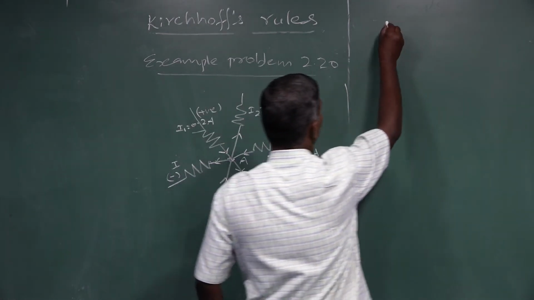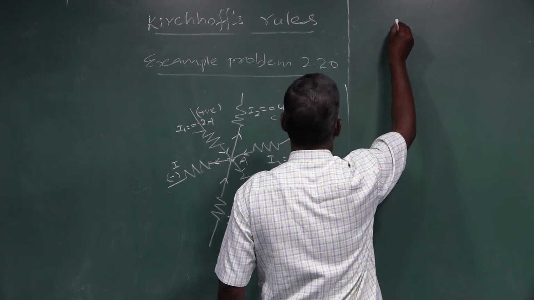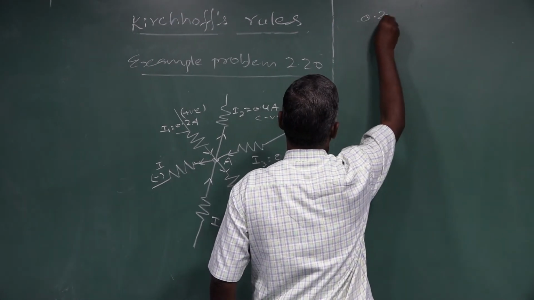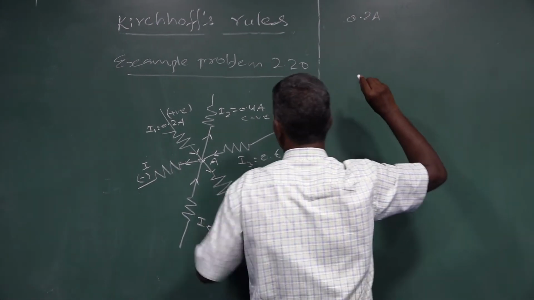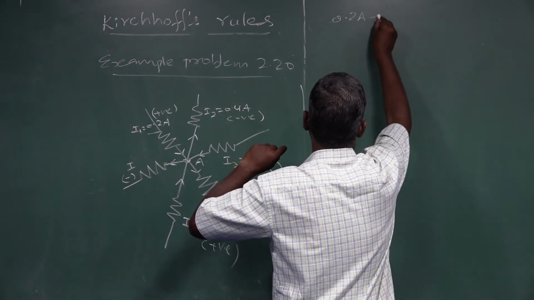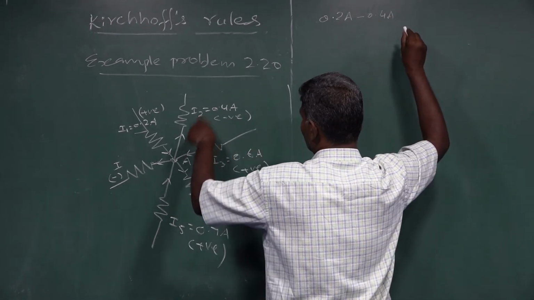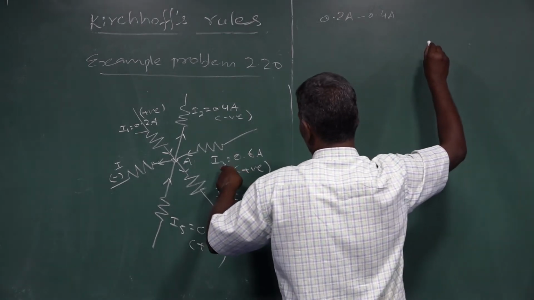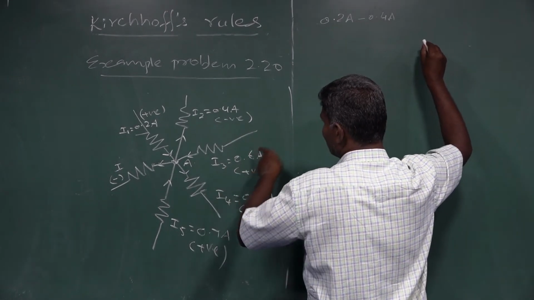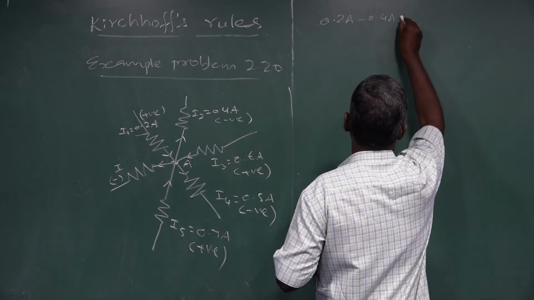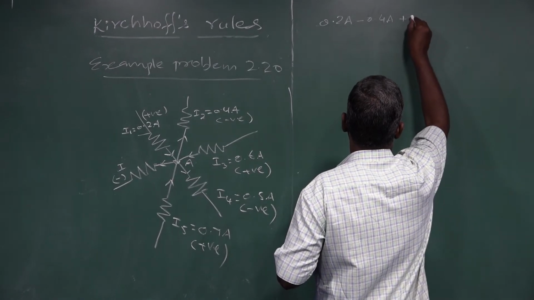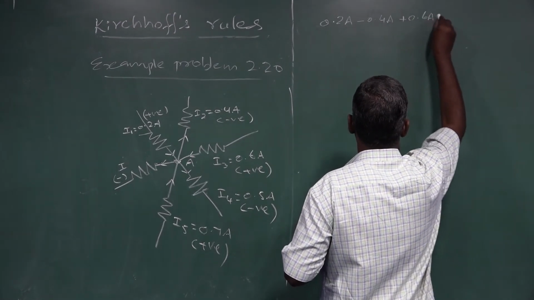That is, I1 value we have, that is a positive value, 0.2 ampere positive. Next I2 value, that is negative, 0.4 ampere negative value because it is away from the junction. Then I3 we have, that current is towards the junction, that is taken as a positive value, plus 0.6 ampere.